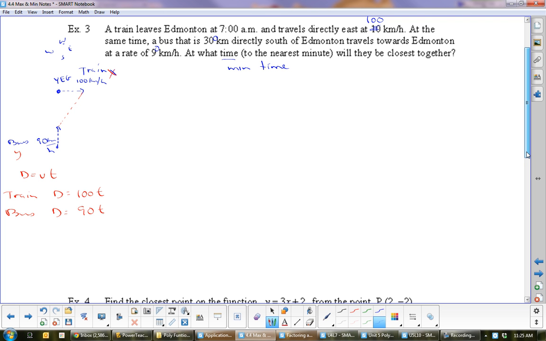So if I was to draw this triangle again right here, the distance that the train would go would be 100t.